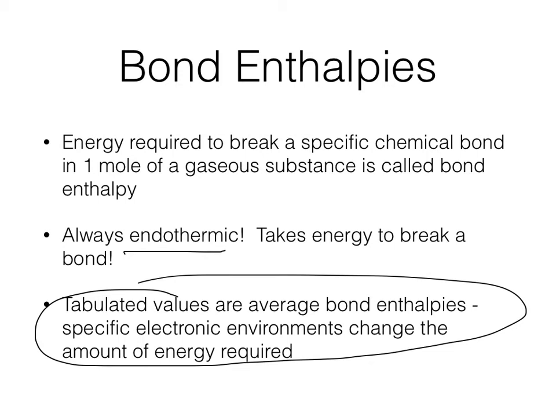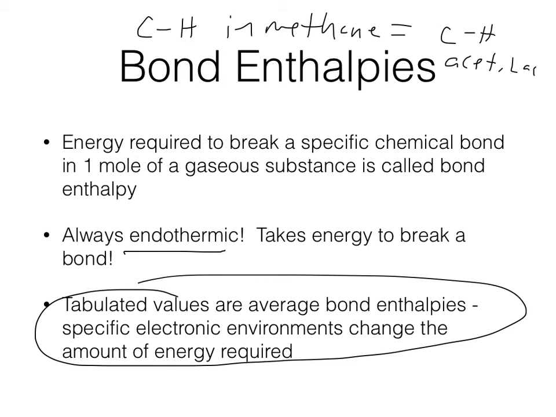So, for example, the amount of energy required to break a carbon-hydrogen bond in methane does not equal the amount of energy to break a carbon-hydrogen bond in acetic acid. They're different. You change one little portion of the molecule, you change the energies. Okay? So what we have are averaged values.